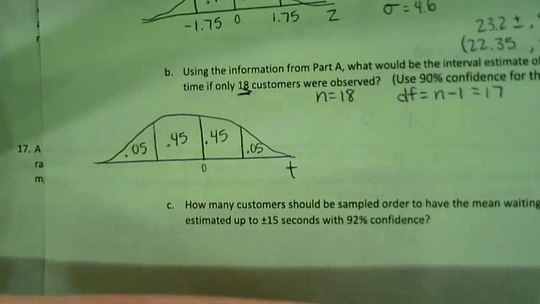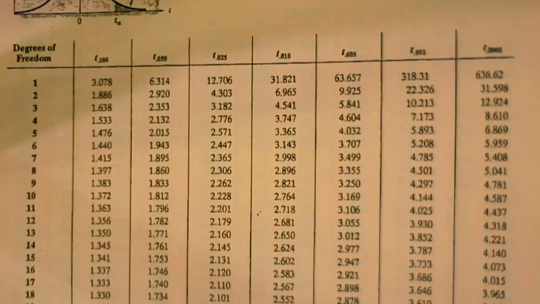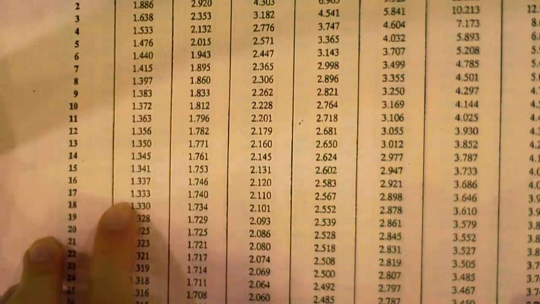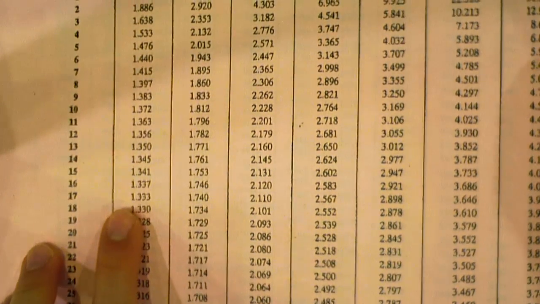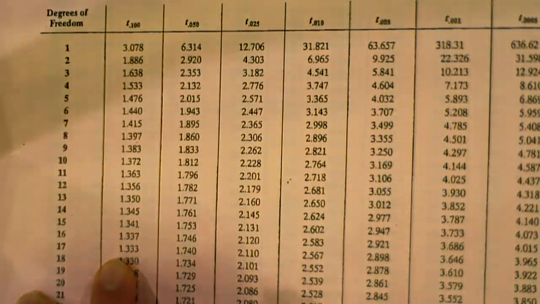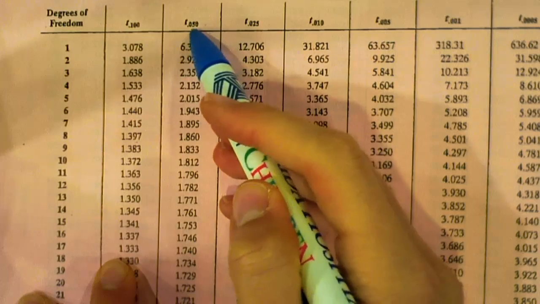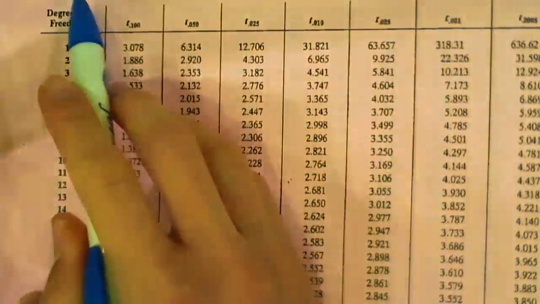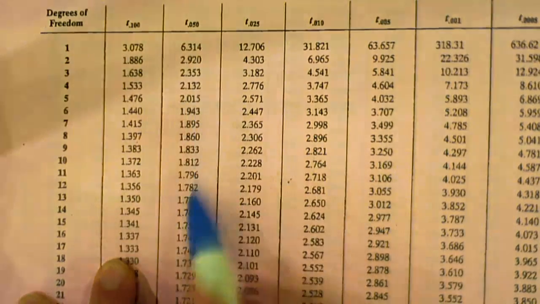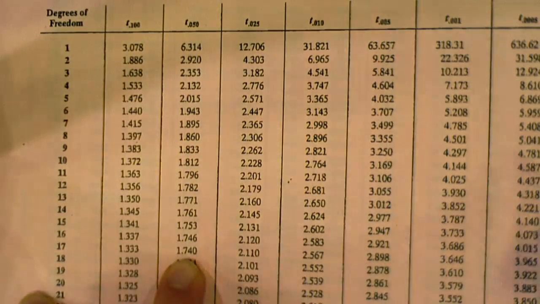So just going back to this, just a quick refresher. We said our degrees of freedom were 17, so we're looking right over here. And if we have a 90% confidence interval, each tail is going to have 0.05. Right? So it should be 1.74.